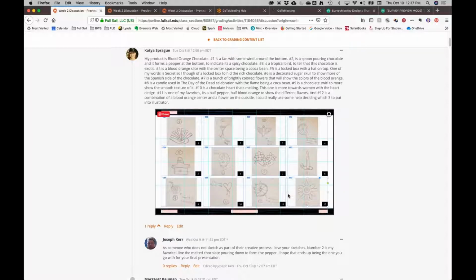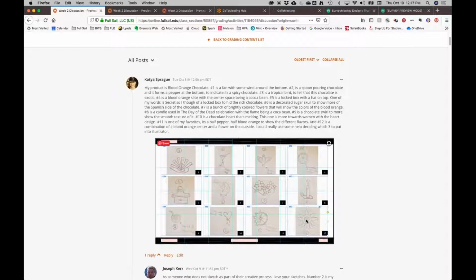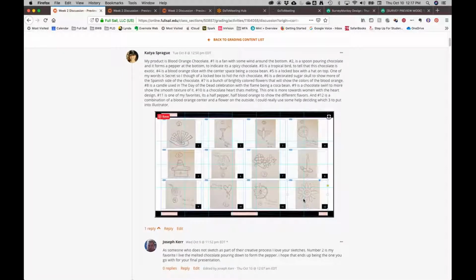All right, so correct me if I'm wrong, but the Day of the Dead is Mexican, not necessarily Spanish, but could work. I do like number 11. I think that you could use that one. Number 12 as well. I like the bird idea, but I think you need to make it a little more distinctive for your brand.